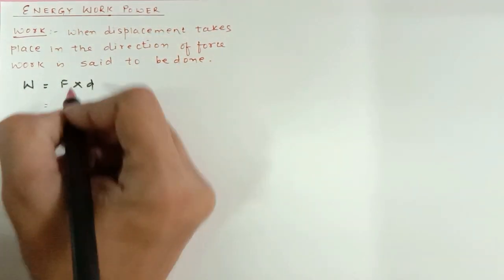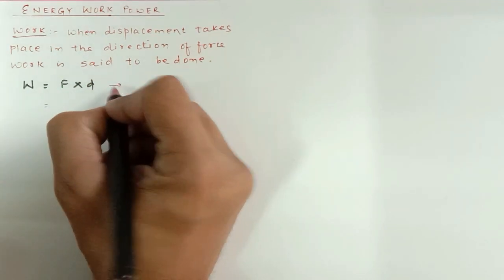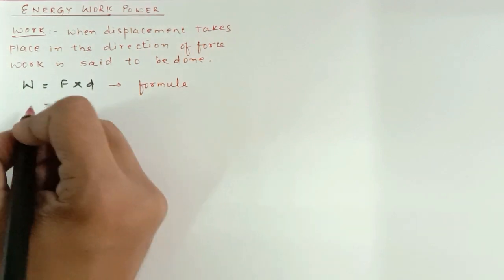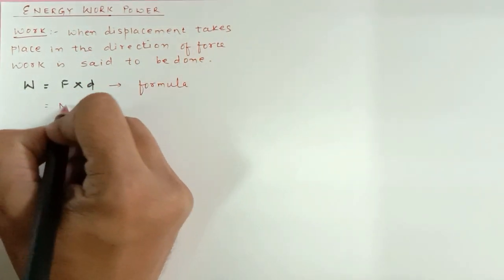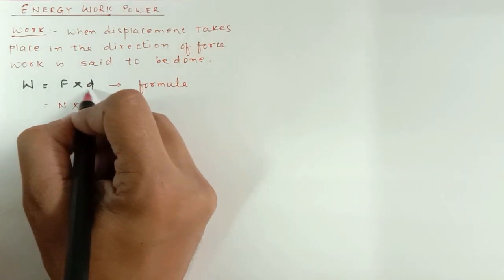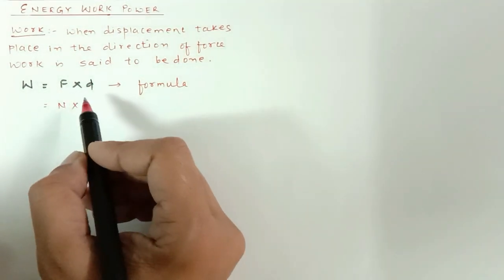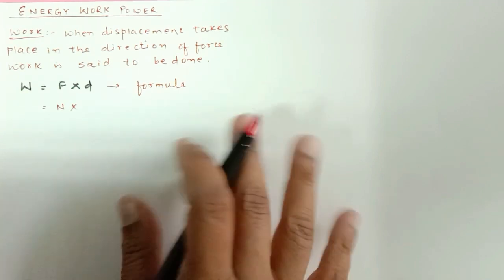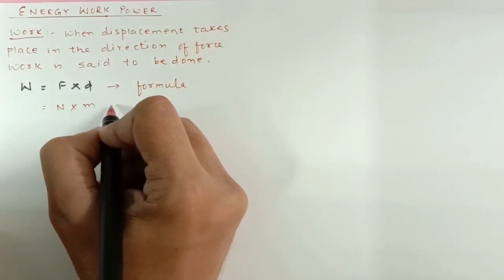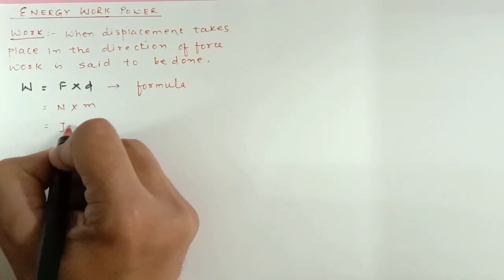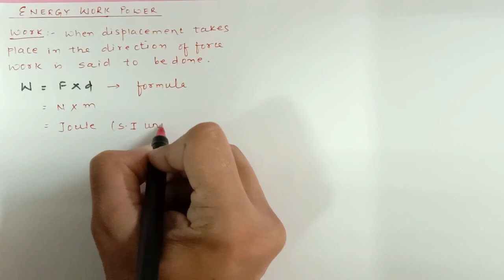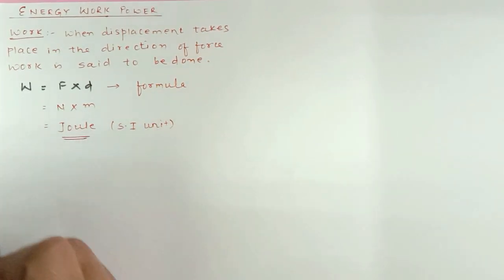Now the SI unit of force is Newton, and the SI unit of displacement and distance are one and the same thing, because when a body is moving in a straight line, distance and displacement are the same. So the SI unit is meter, and Newton into meter is called joule. So joule is the SI unit of work done.